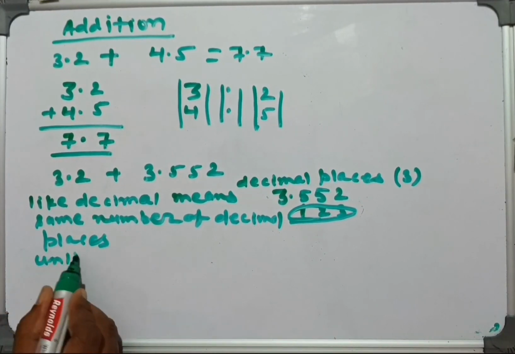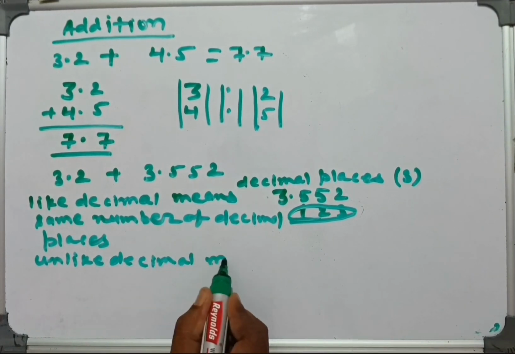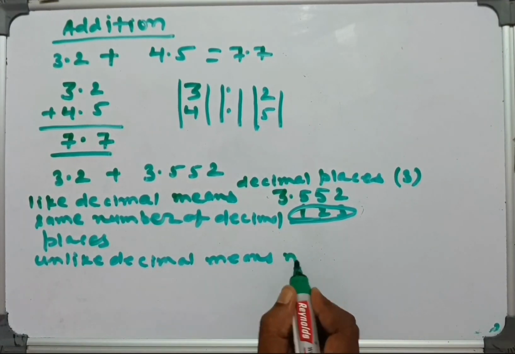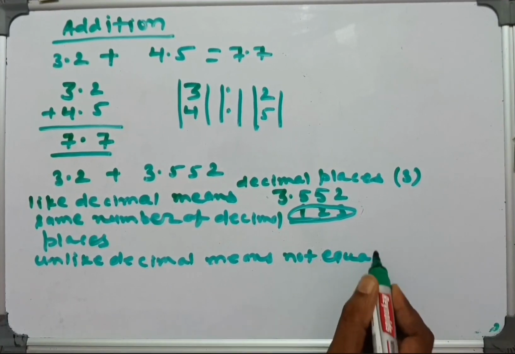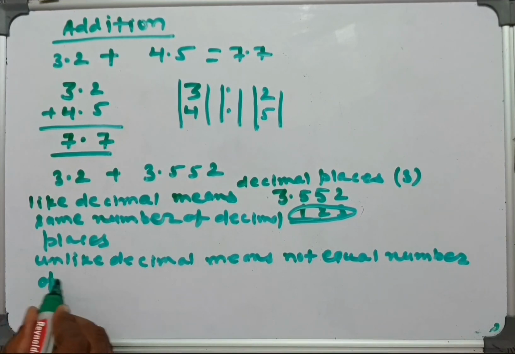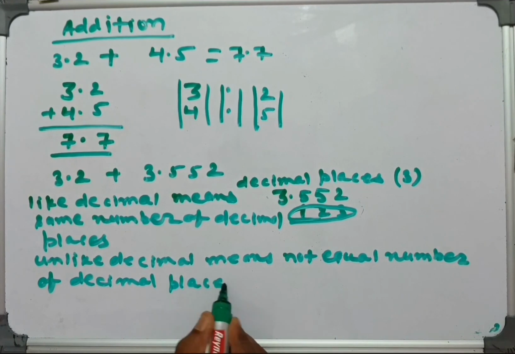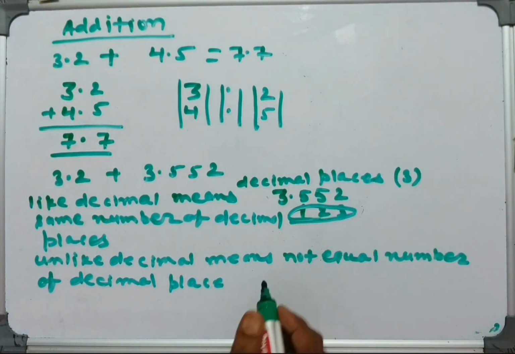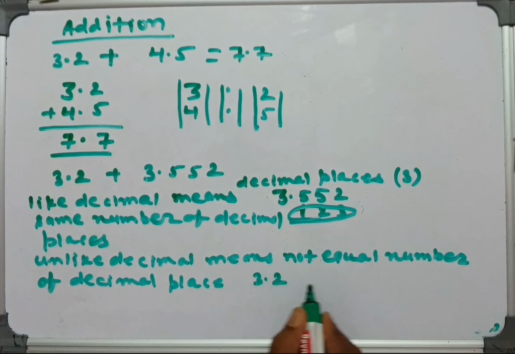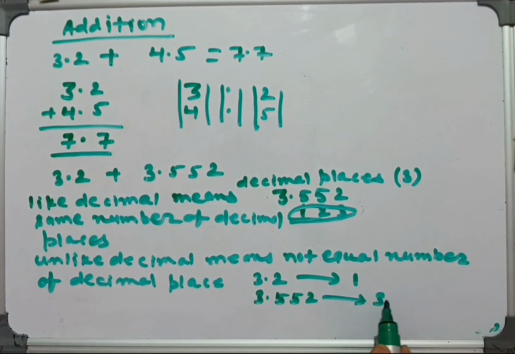Unlike decimals mean not an equal number of decimal places. In our example, 3.2 has 1 decimal place, while this one has 3 decimal places.